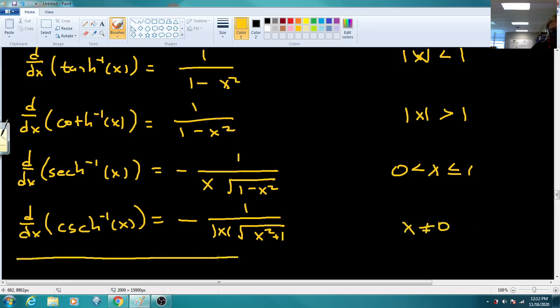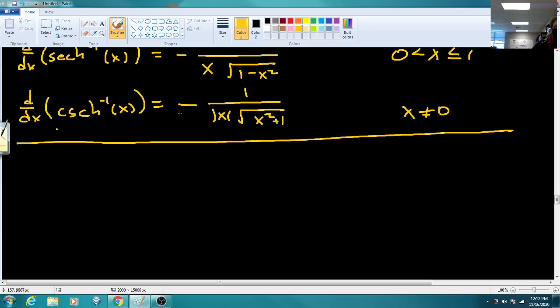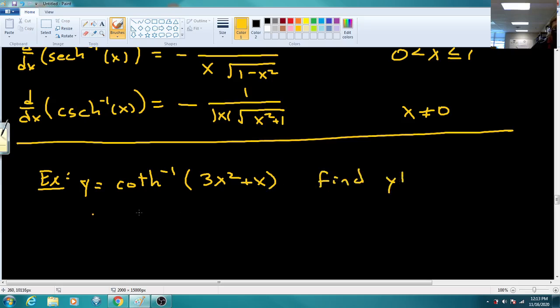So for these, what we want to do for this last one is just use, what is, if y equals inverse hyperbolic cotangent of 3x squared plus x, I want to find y prime. Okay, so we're going to use the inverse hyperbolic cotangent equation.